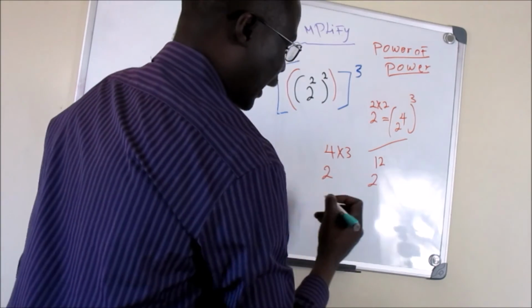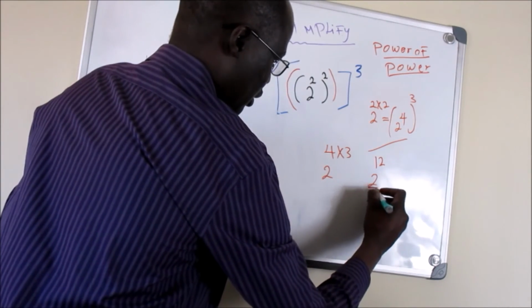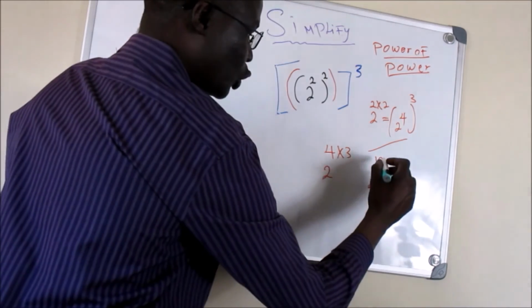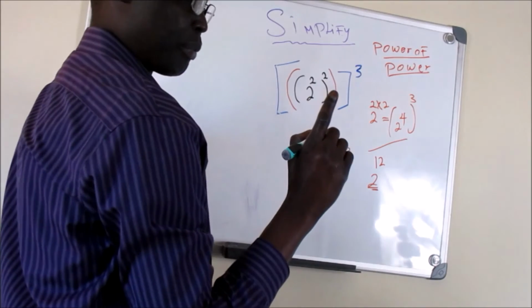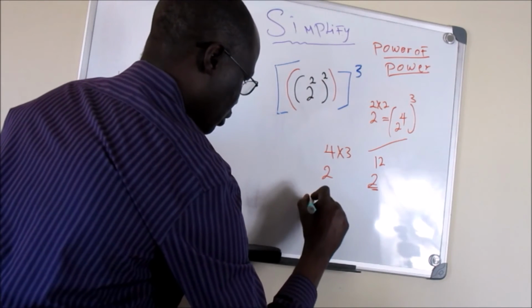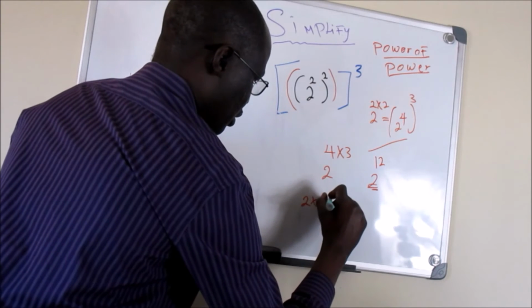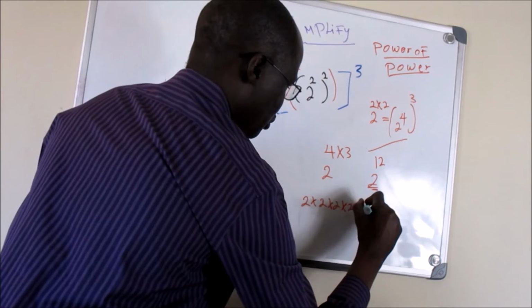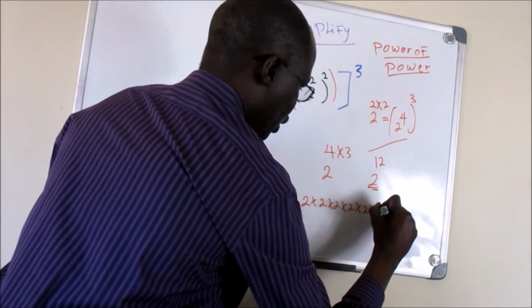The only way you can do it, if you want to find out, is 2 times 2, 12 times. So you can say 2 times 2 times 2 times 2 times 2 times 2, 12 times.